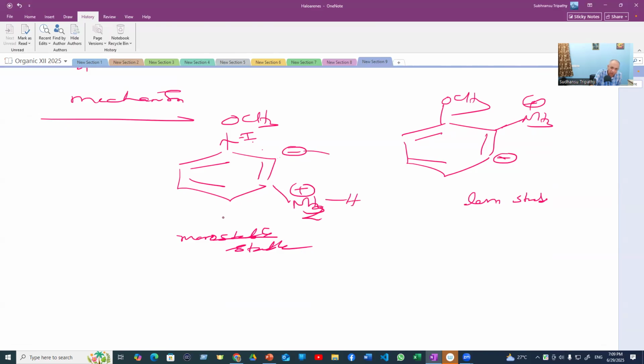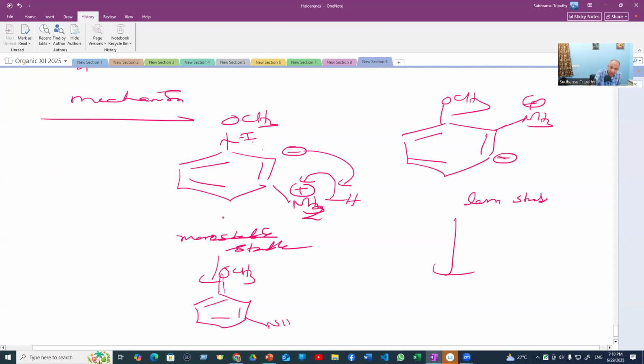So this will abstract a proton and this will neutralize. So this product will be the major product, the sign product here, and the normal product will be minor. This is major.